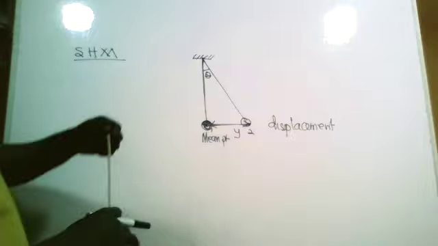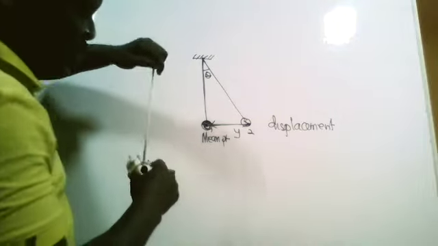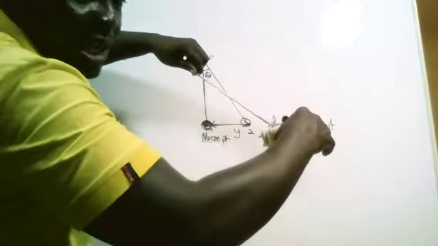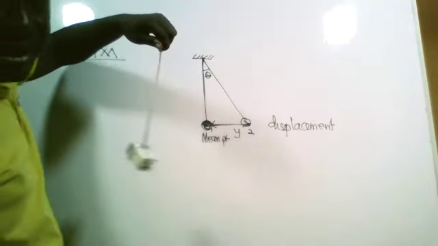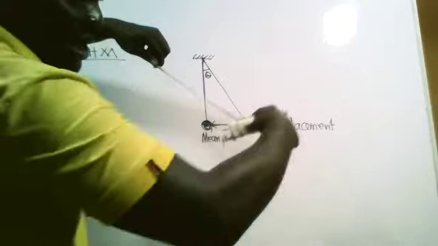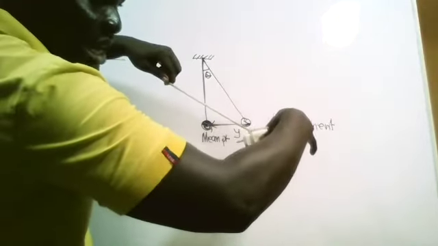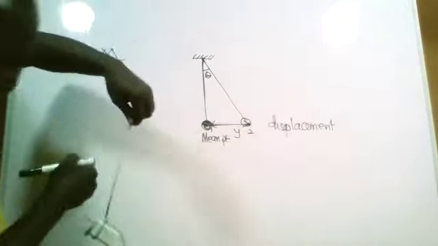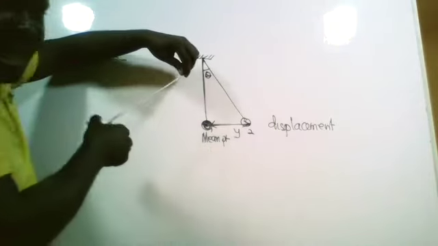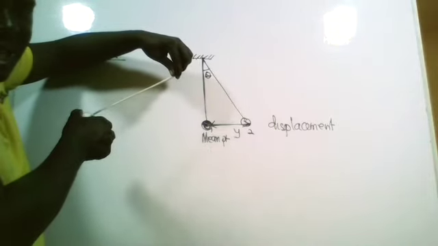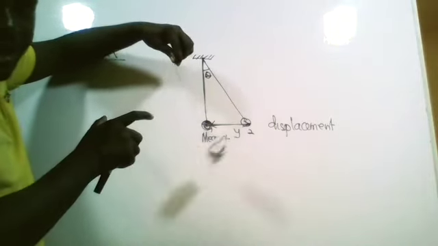So when you give it a displacement in one direction and you leave it, it will accelerate in the opposite direction. So I displace it to this direction. When I leave it, it would accelerate or increase its speed in the opposite direction. When I displace it here and leave it, it would accelerate in the opposite direction.